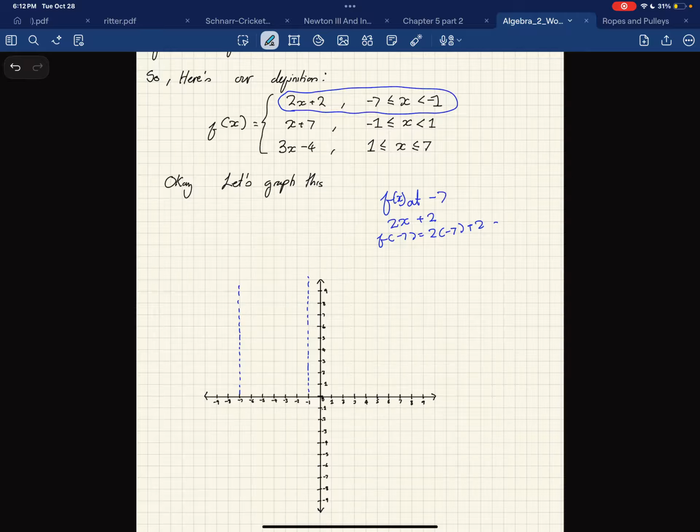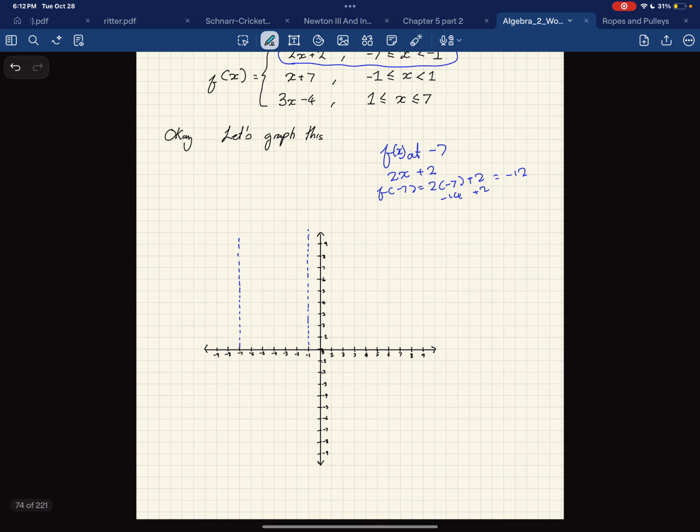And that's going to be -12. If you calculate this, -14 plus 2 is going to be -12. So I should go a little bit lower: -10, -11, -12. So there, I have my first point.